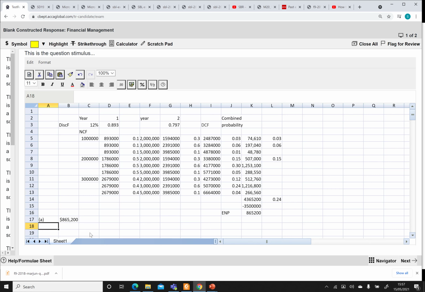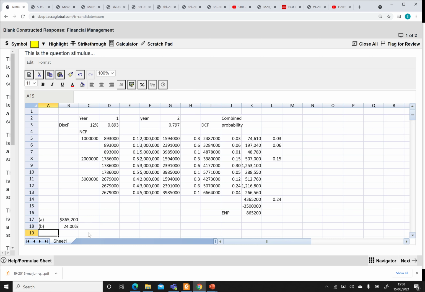So that I know that the probability of an investment having a negative NPV is going to be 24%. The examiner's happy for us to present that as a decimal, and just as happy for us to present that as a percentage. So that's the probability.